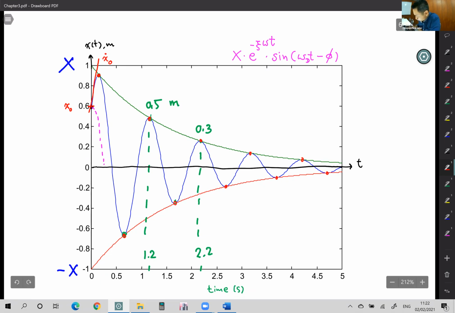We are plotting this: x of time t equals big X e to the power minus zeta omega t multiplied with the sine of omega d t minus phi.